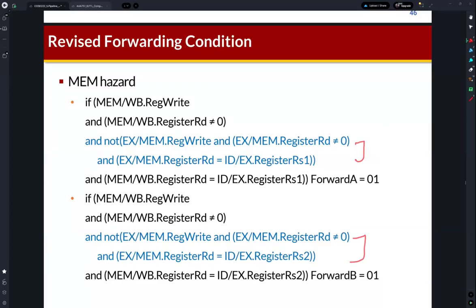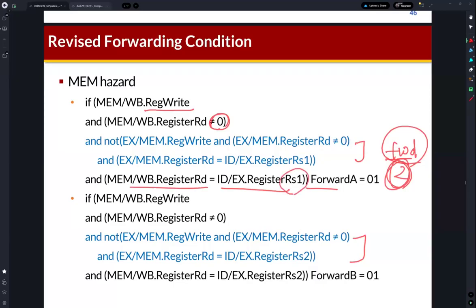We need to check that the register is not 0, and that RD is RS1, so for case 2.